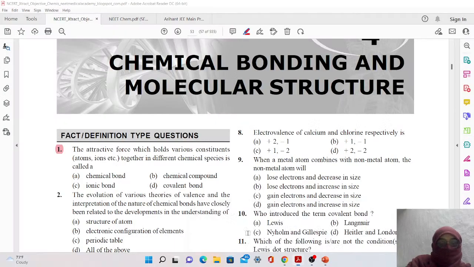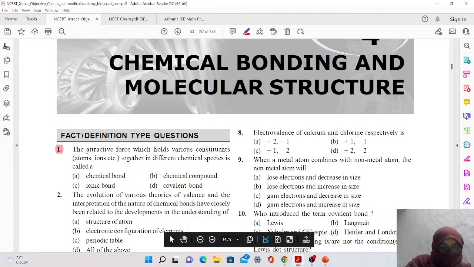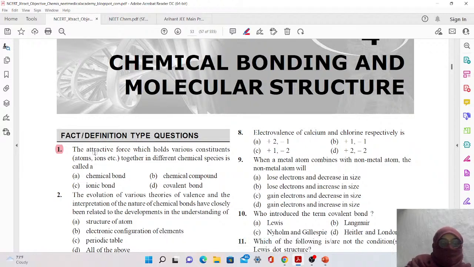Sorry for this disturbance. Let's continue with the first question. The first question I asked: the attractive force which holds the various constituents together in different chemical species is known as chemical bond, ionic bond, chemical compound, or covalent bond.